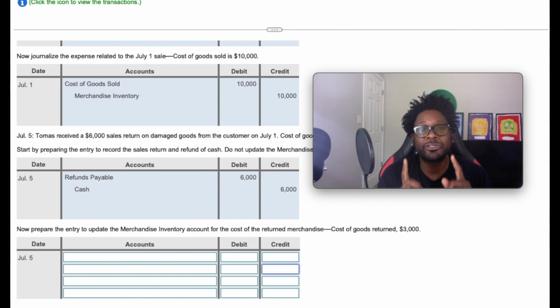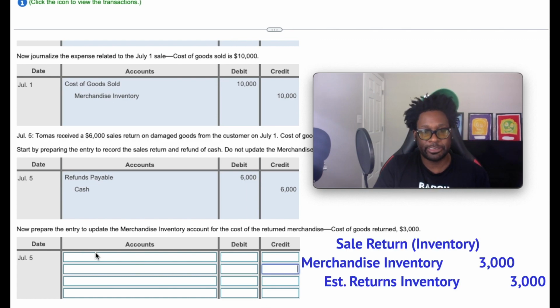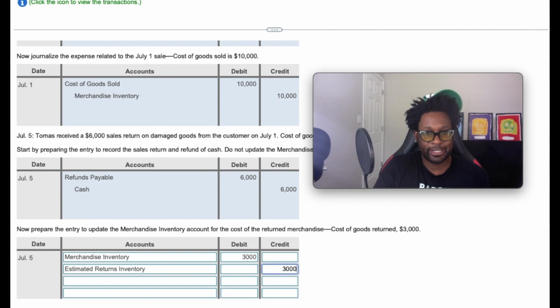Therefore, we're going to reduce our previously recorded estimated inventory return account and increase our inventory on the books. So we're going to debit inventory and credit estimated returns inventory at cost of the $3,000. We're going to check our answer.